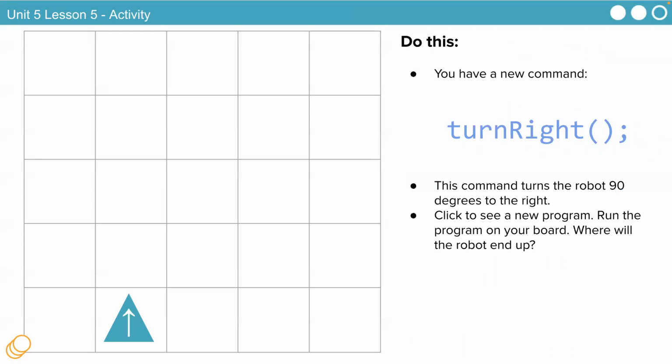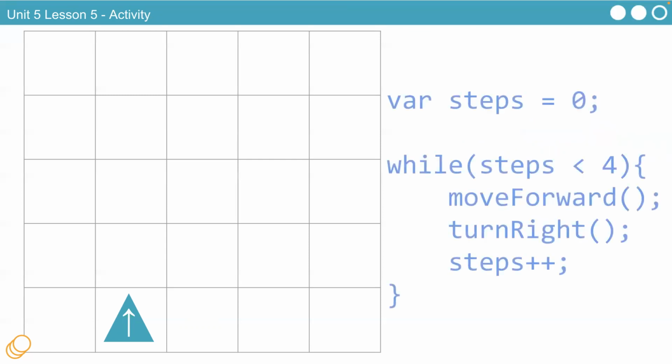Okay, let's add a command. Turn right. This command turns the robot 90 degrees to the right. So start your triangle in the second square from the left on the bottom, pointing up. Okay, and go ahead and run this program.